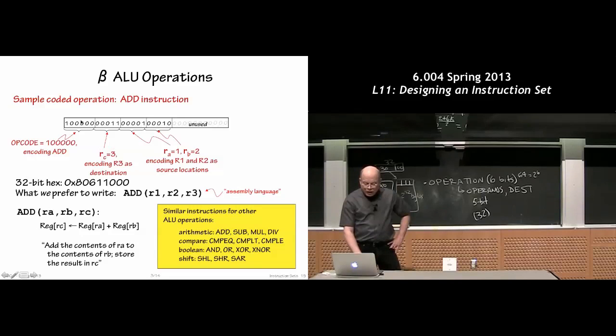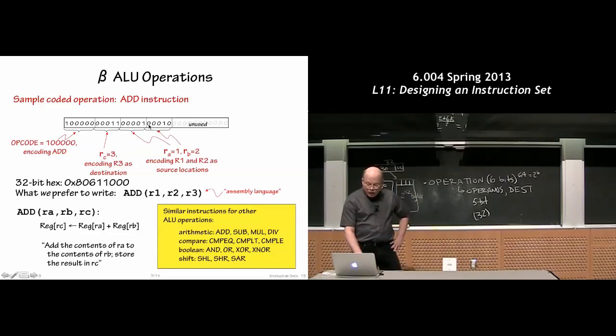And the way this works is that we're going to encode the two register operands, where we want to read the values from. Okay, and so if we want to read from R1 and R2, the order of the operands here in our symbolic representation of a single instruction is RA and RB and RC. So R1 and R2 are the two registers we want to read.